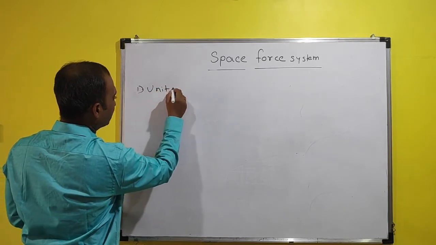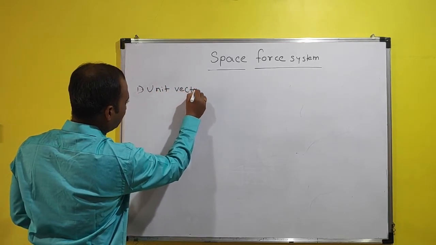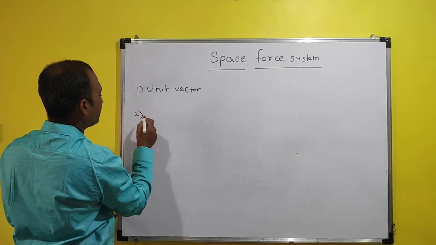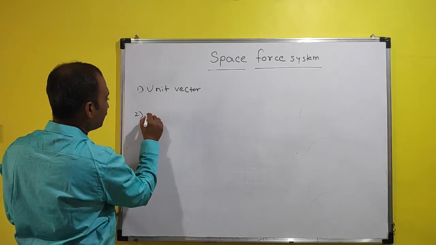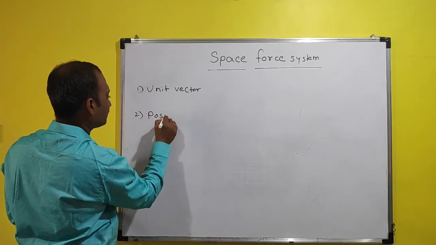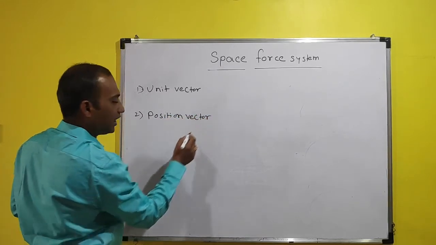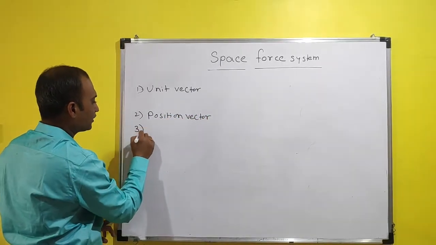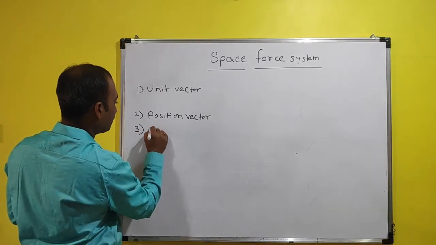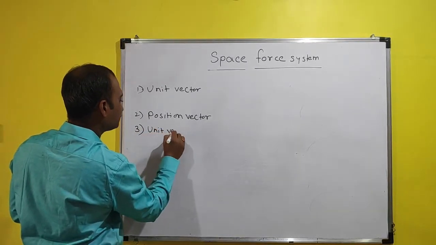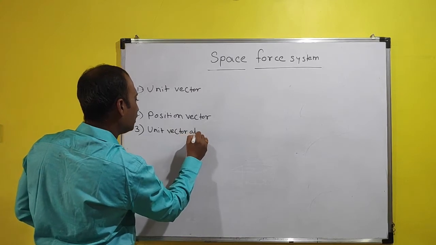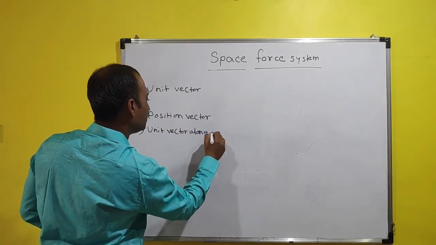First of all, we will consider the unit vector. Then second, the position vector, and the third one, the unit vector along a line.